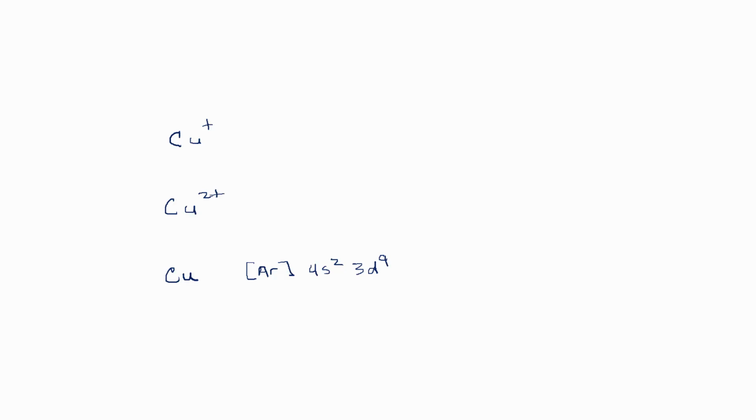Now, those of you that have really studied electron configuration, you're going, that's not the electron configuration for copper. The electron configuration for copper is argon, 4s1, 3d10. And you are correct. That is the correct electron configuration.